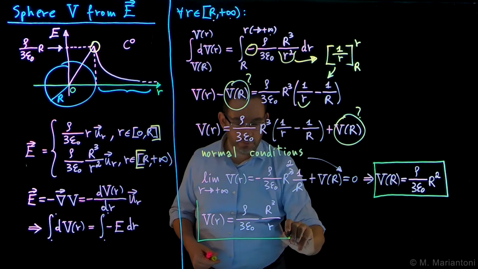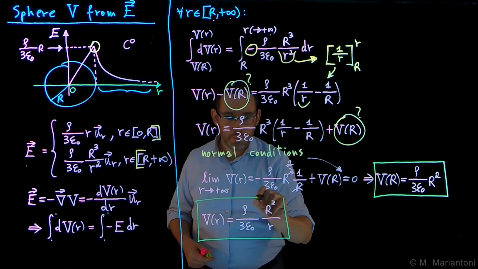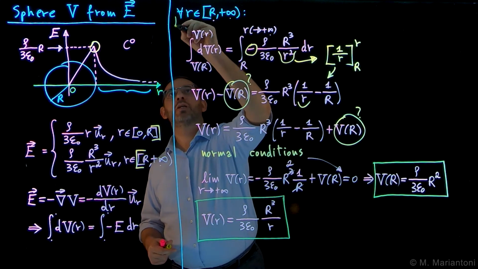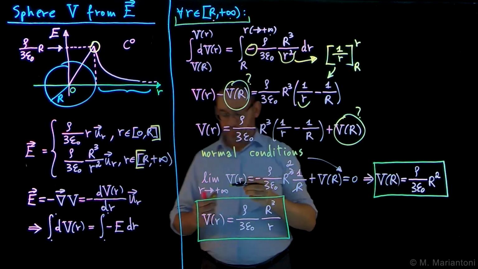So this is the solution for V of r in this region of space.